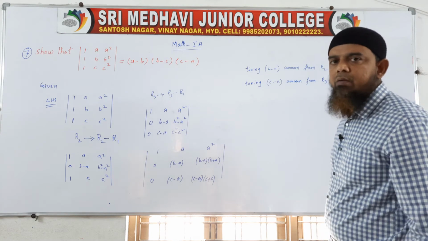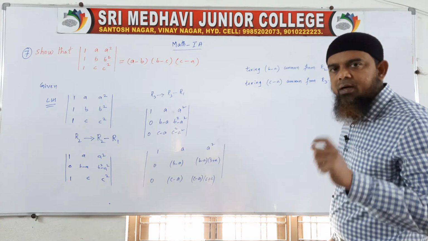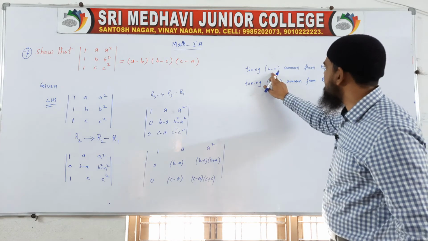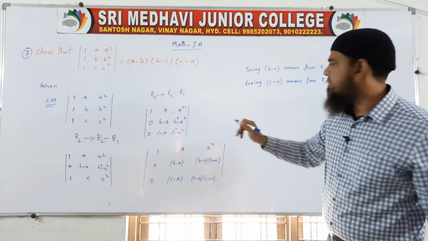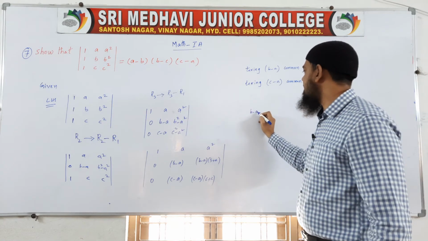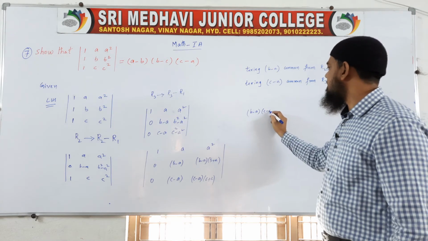As I said, whenever you are taking a number common, that is affected for only one row. See, B minus A is common from R2. From R2 we are taking out B minus A. So first of all we have to write B minus A. From R3, what am I taking common? C minus A taken common.